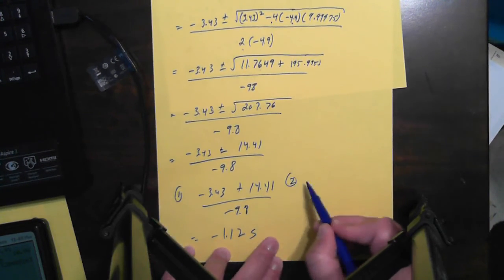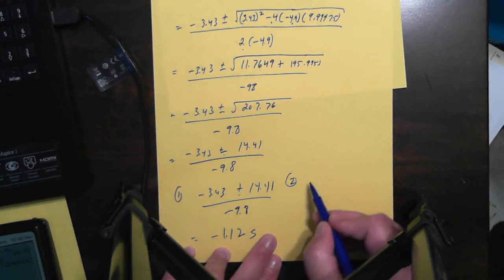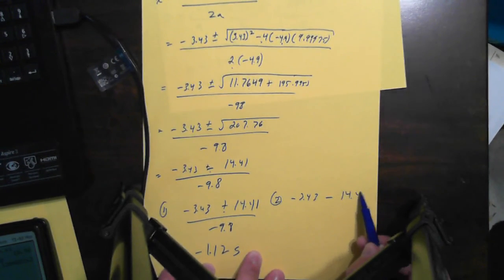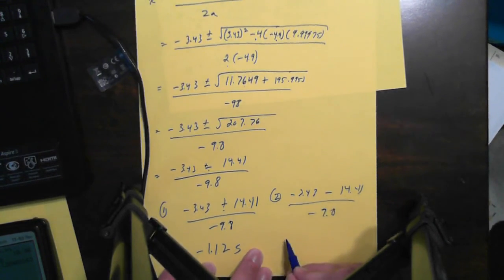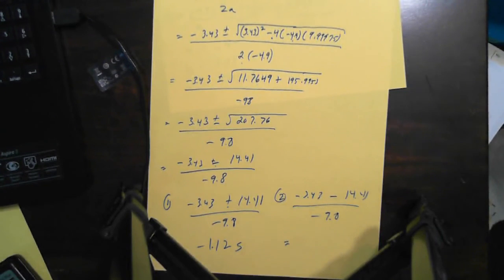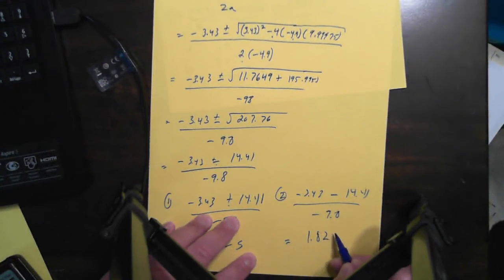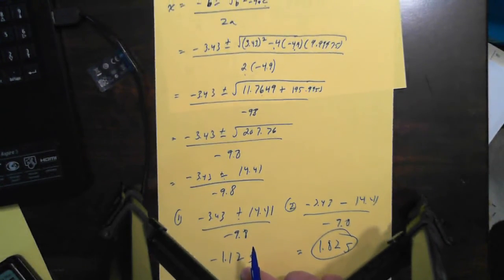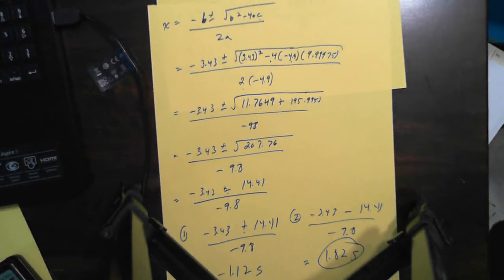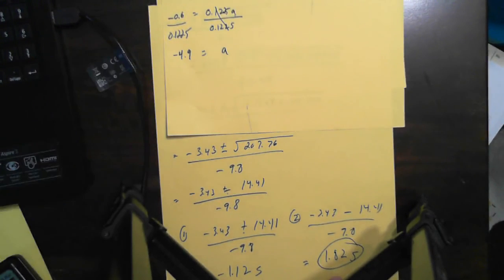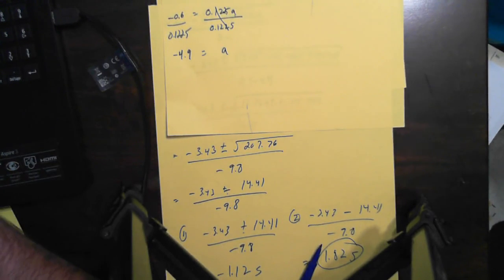The second one is when these are subtracted, so negative 3.43 minus 14.41 over negative 9.8. This actually gives us the answer that we're looking for, which is 1.82 seconds. Of course, we can't have a negative value because that's actually the time before you've jumped off the platform. So it takes 1.82 seconds to reach the water.